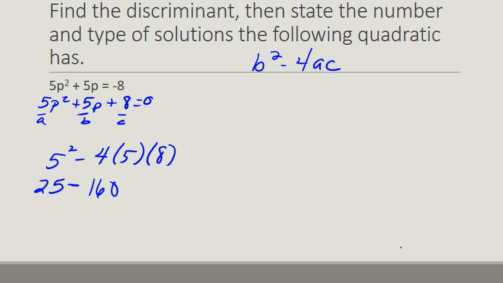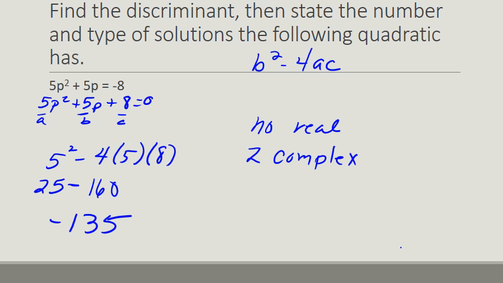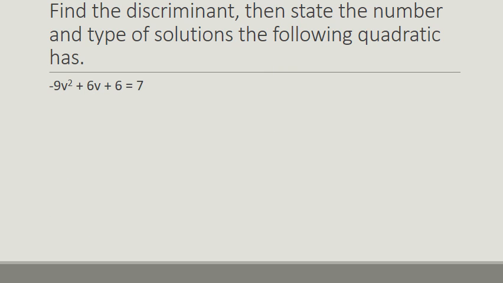Yep. Okay, and so 25 minus 160 is negative 135. So our discriminant is negative 135, which means that there are no real solutions and there are two complex solutions. Okay, let's look at the next example.